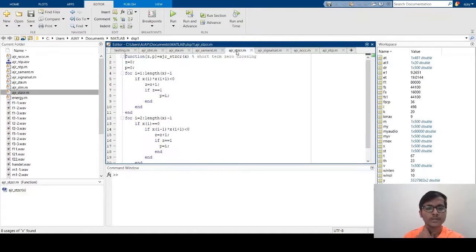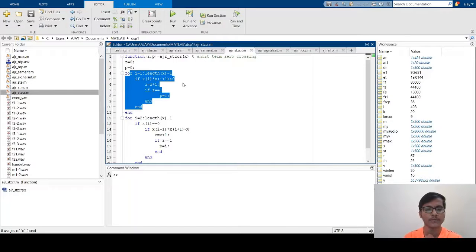And next, short-term zero crossing rate. Here the short-term zero crossing rate shows how many zero crossings there are. If the signal goes from -1 to 1, then there will be one zero crossing. In this way, we will write the code here. Suppose for sample 1 we get -1 and for sample 2 we get 1.